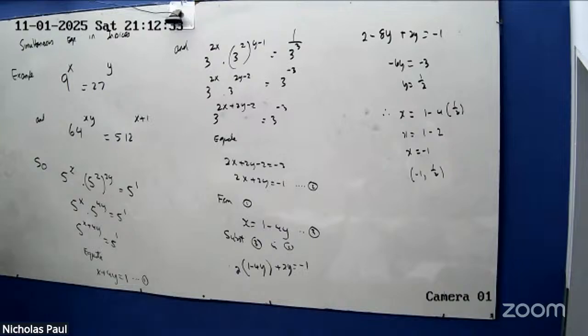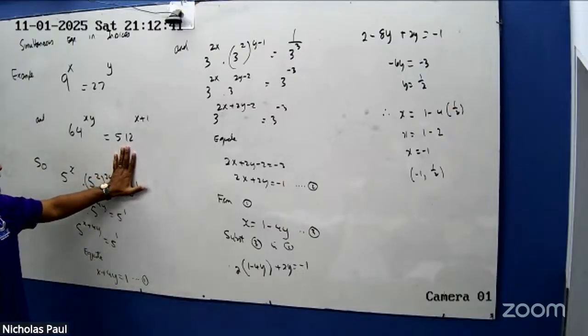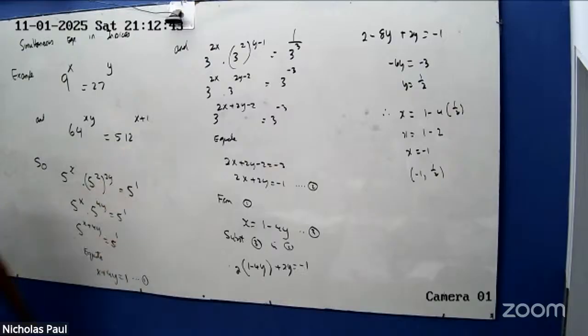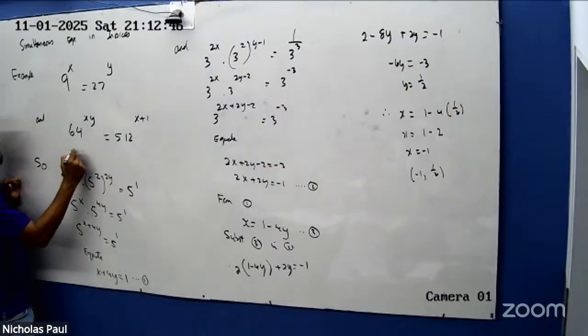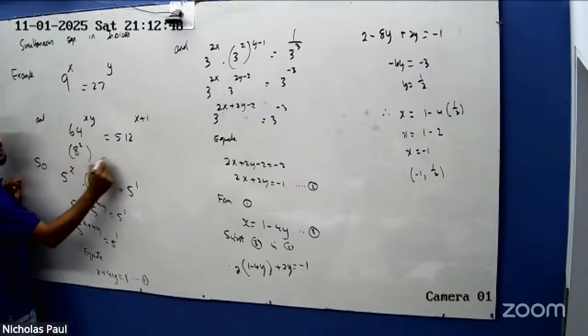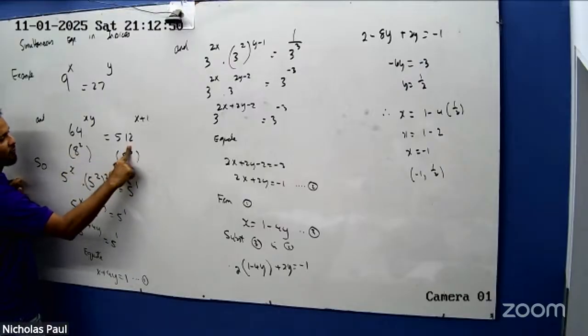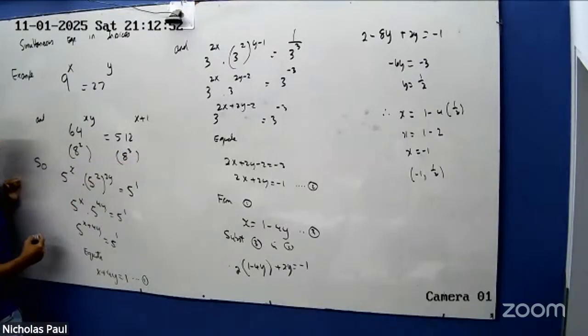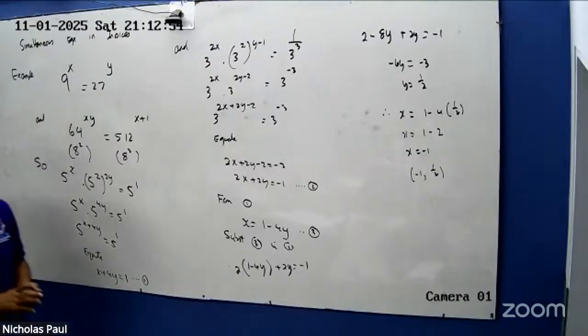So when I get 2 to the power of 4. Yeah. Check 2 to the power of 3. Right. So this is 8 squared. And it's 8 to the 3, right? Or it'll be 2 to the 9, right? 2 to the 9.